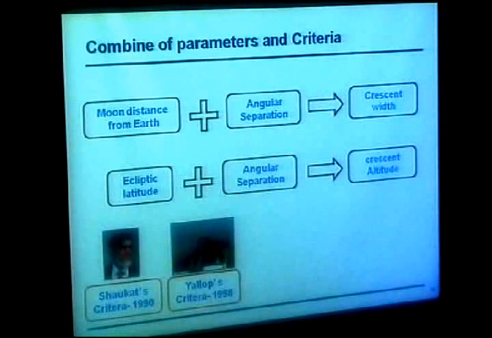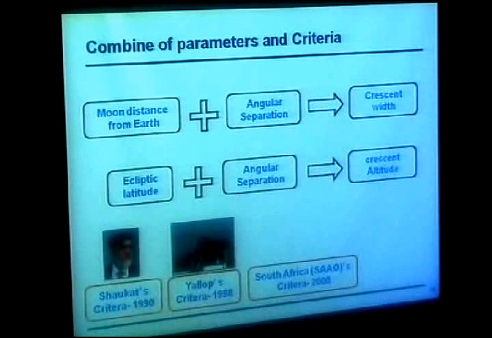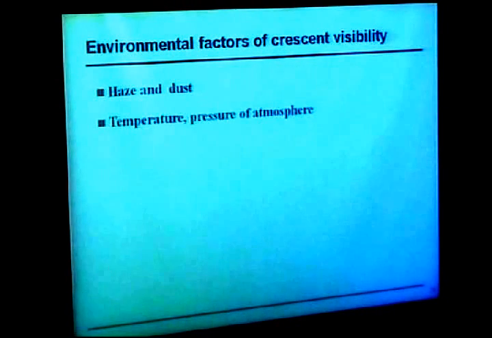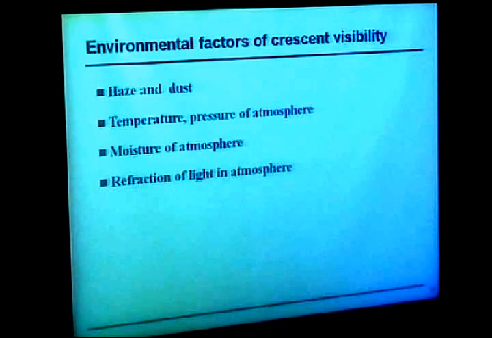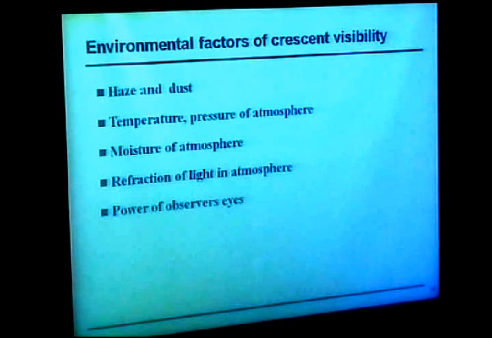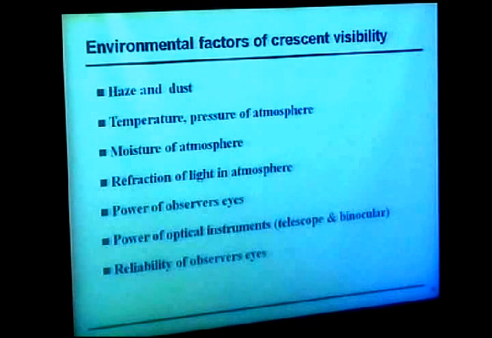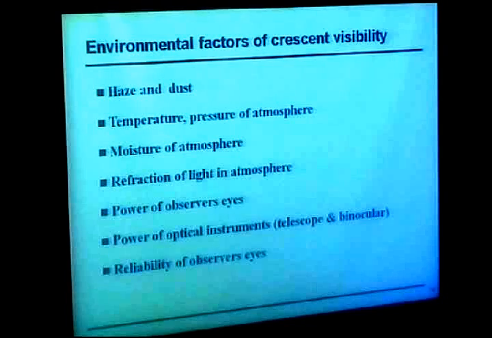The criteria include Shaukat, Khalid Shaukat, Professor Yallop, the South Africa Observatory, and Ode's criteria. Many environmental factors affect crescent visibility, such as haze and dust, temperature, moisture, refraction of light, the power of observers' eyes, the power of optical instruments, and the reliability of observers' eyes.